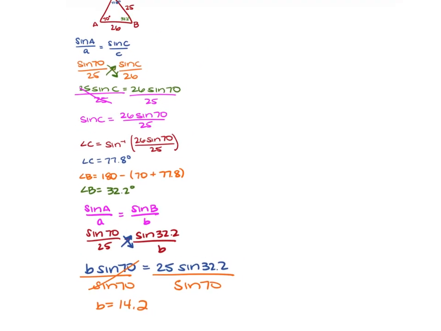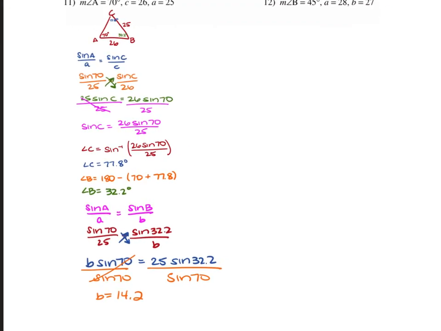So look at all of the stuff that you have here. We were told that angle A is 70 degrees. Angle B we found to be 32.2 degrees. Angle C we found to be 77.8 degrees.